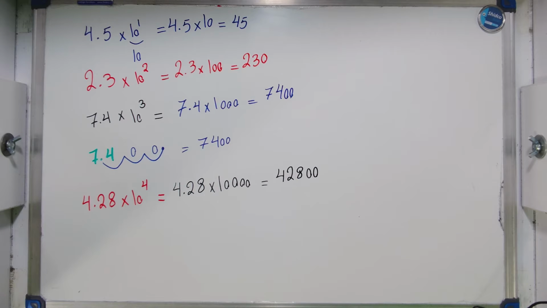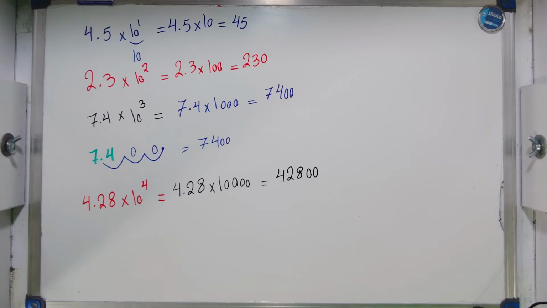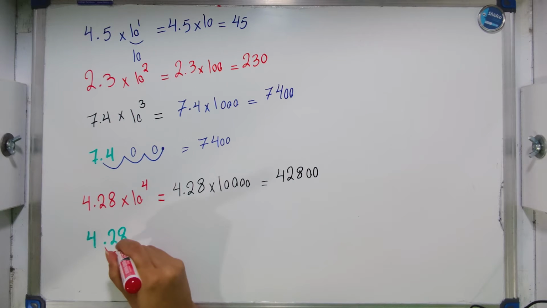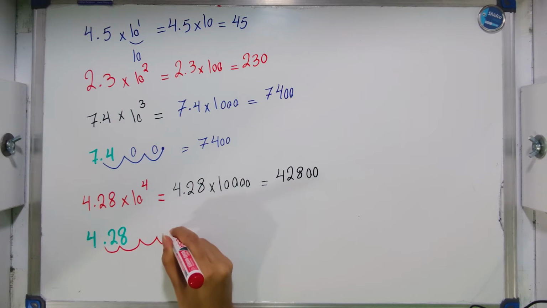If I want to solve it by moving the point, I can say it's 4.28, and I'm going to move the point by 4 digits to the right. So what am I supposed to do now? 1 digit, 2 digits, 3 digits, and 4 digits.